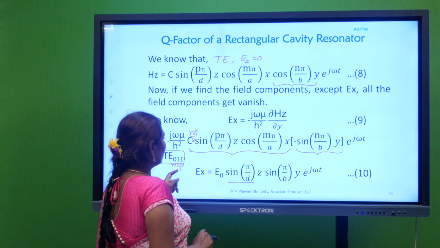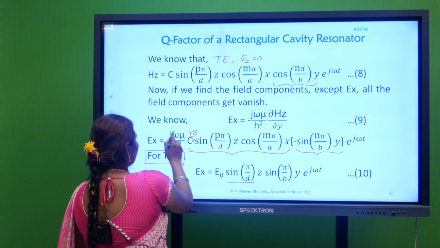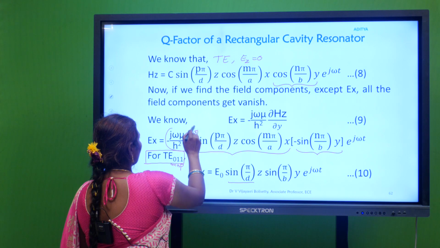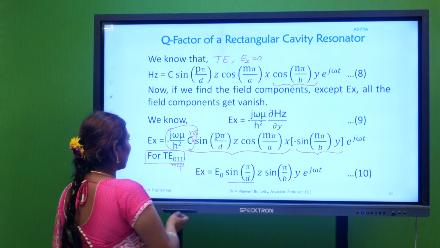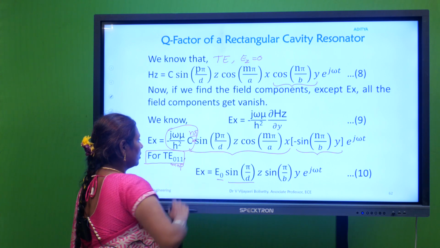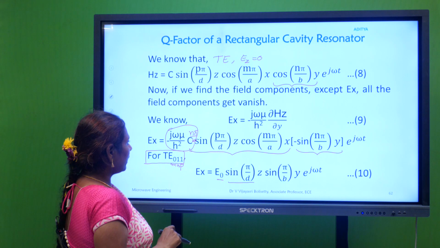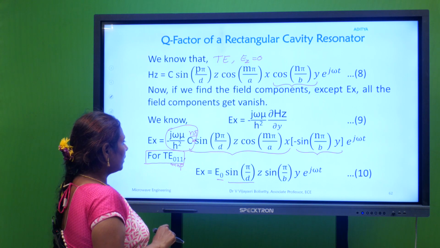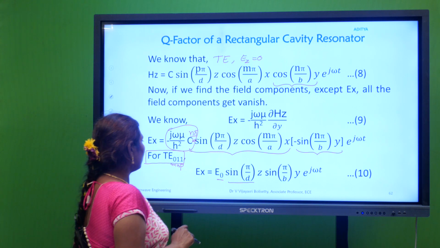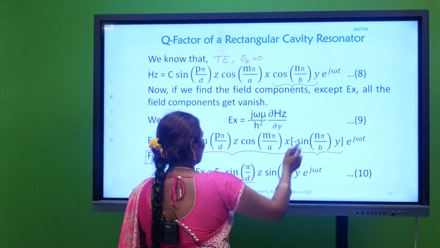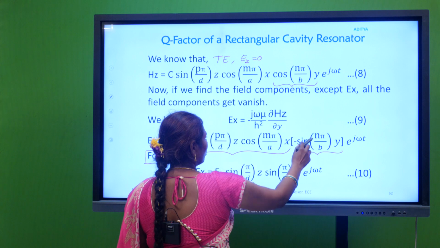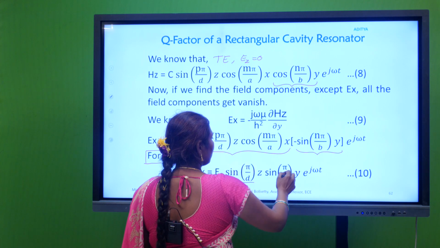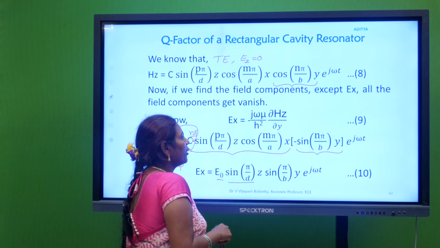Here we take the entire constant, minus j omega mu by h square C n pi by b, as a peak value, and we take it as E naught. Then sin p pi by d z and sin pi by b y, that means n is equal to 1, so it becomes sin pi by b y e power j omega t.